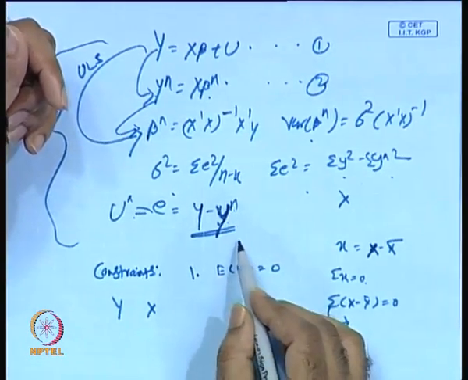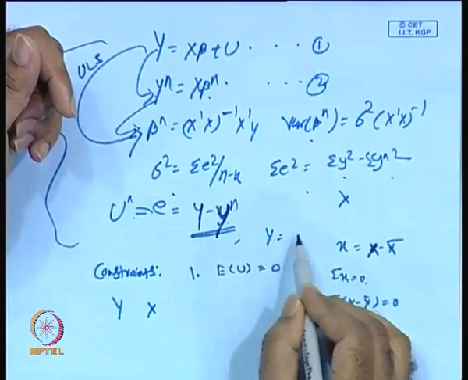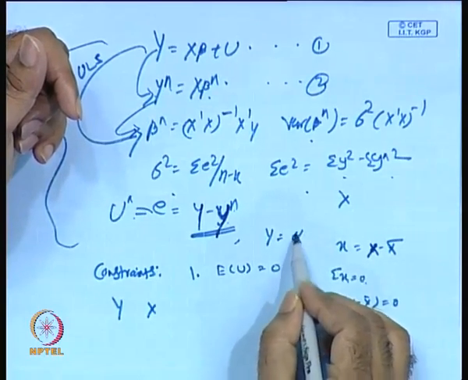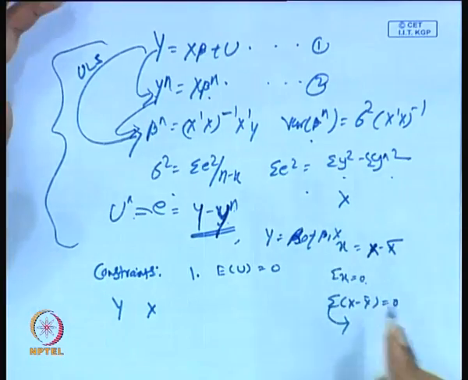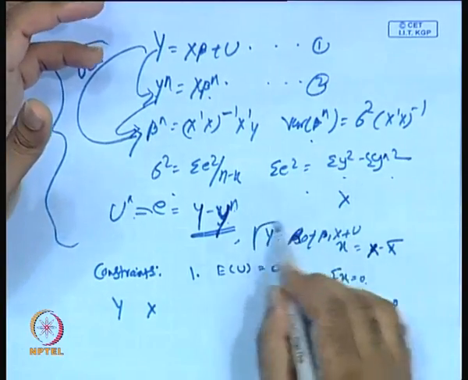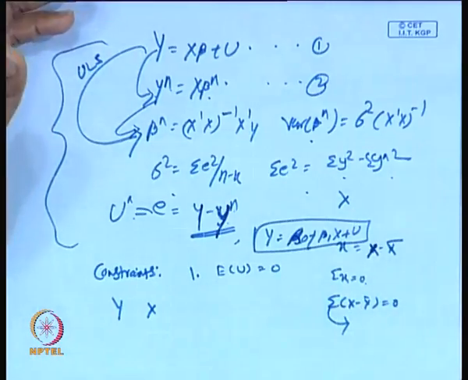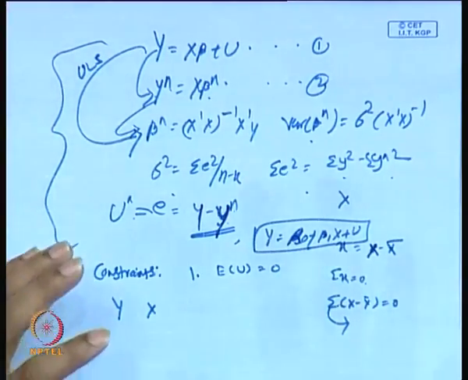So y equals simply beta 0 plus beta 1 x, plus u. For simplicity we are putting only bivariate models, because the heteroscedasticity problem can be discussed under the bivariate condition, the trivariate condition, and the multivariate condition.